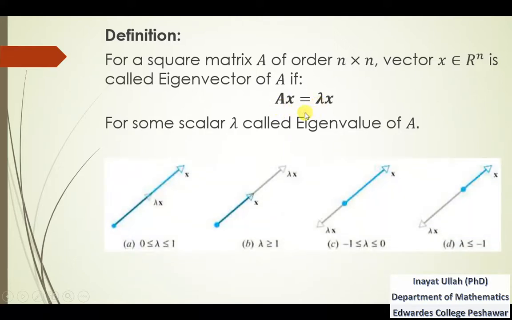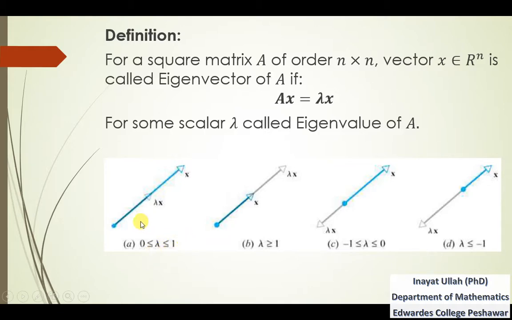That is the definition. What is the geometrical meaning of lambda x? We are multiplying a scalar number with the vector. If that scalar lies between 0 and 1, like 1 by 2 or 1 by 3, lambda is less than 1.